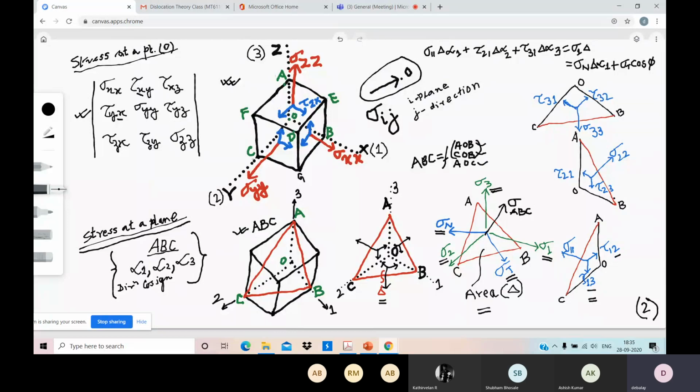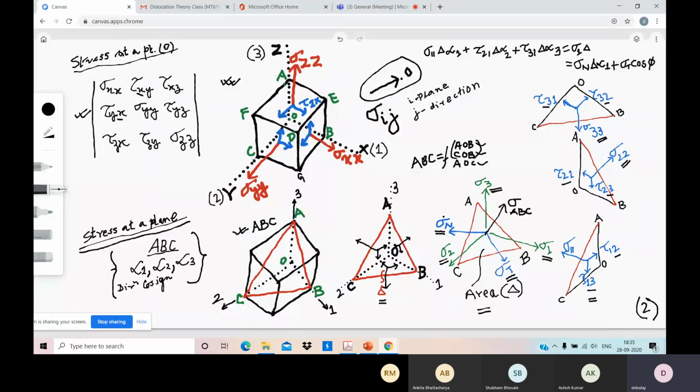Similarly, on the AOB plane, which is plane number 2, perpendicular to direction 2, normal stress is sigma 2 2, shear stress is tau 2 1 and tau 2 3. Similarly, on the OBC plane, that is the basal plane, which is plane number 3, normal stress is sigma 3 3, shear stress is tau 3 1 and tau 3 2. These two are the shear stresses.